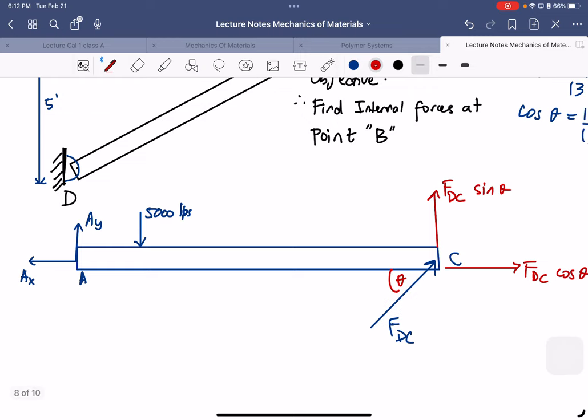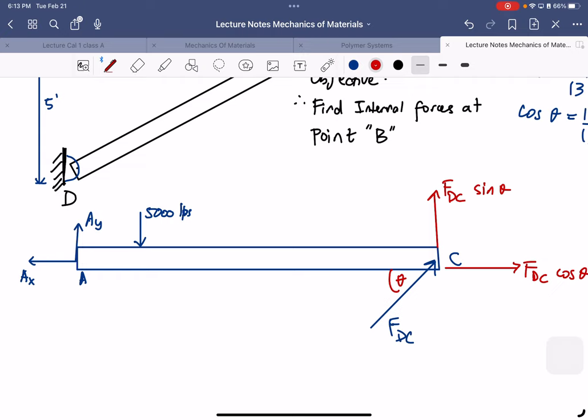Why do I draw AY going up and FDC going up? Because from the external force in the question, if the force goes down, your intuition is that the reactions follow: reaction here, reaction there. And for AX and FDC, no problem at all.